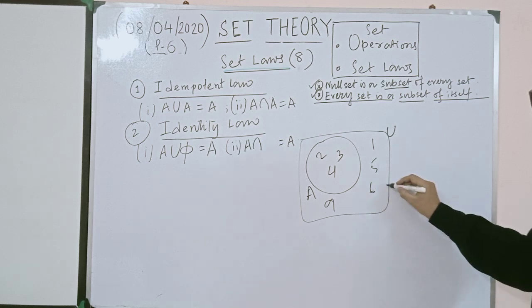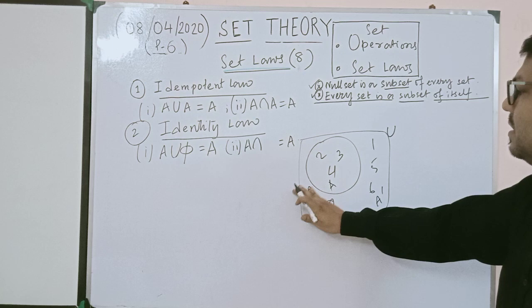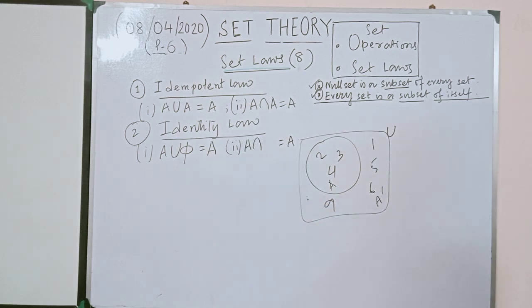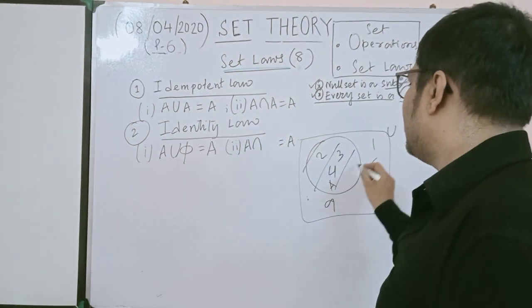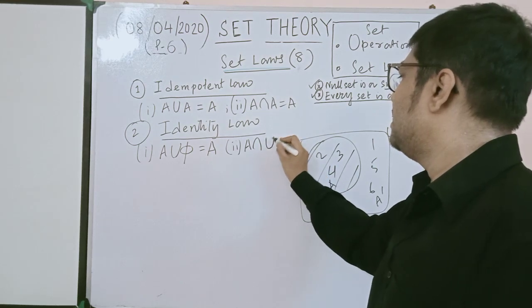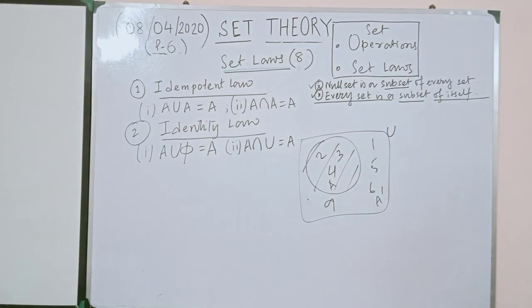The outside part is A dashed and this part is A, and the whole of the part, that means 1, 2, 3, 4, 5, 6, 9, everything will be U. So if you take out the intersection with the universal set, you get the same A. So this is the identity law.